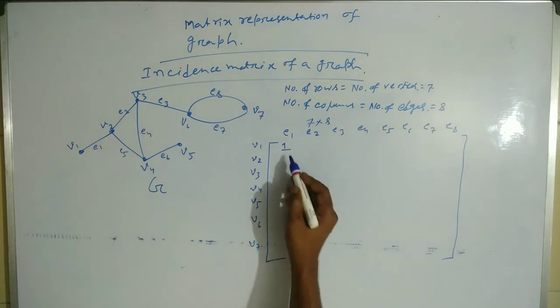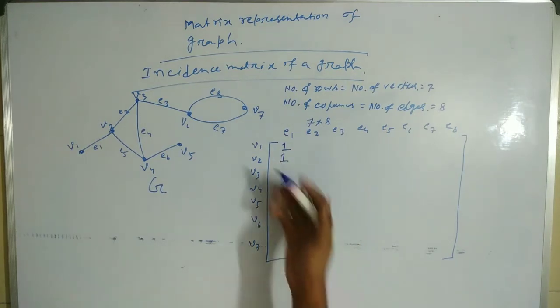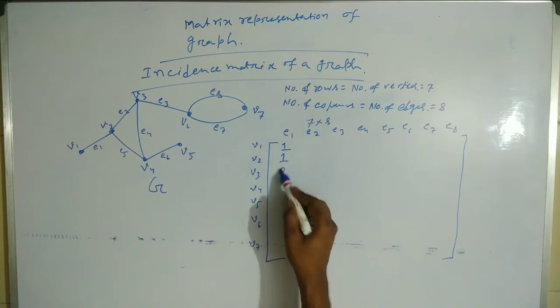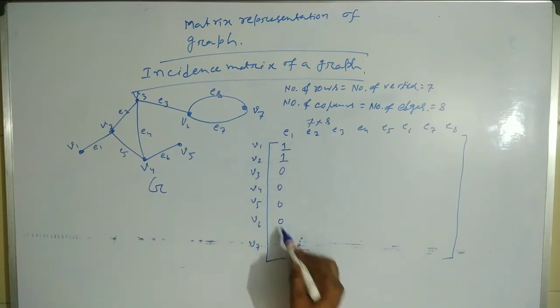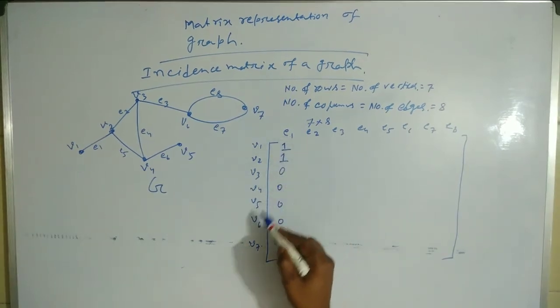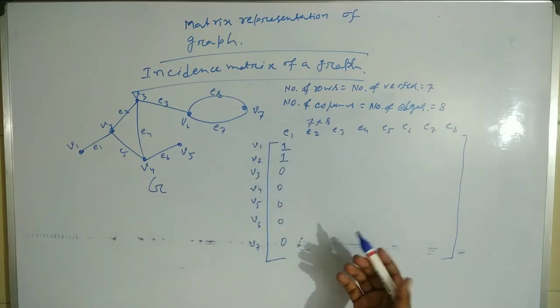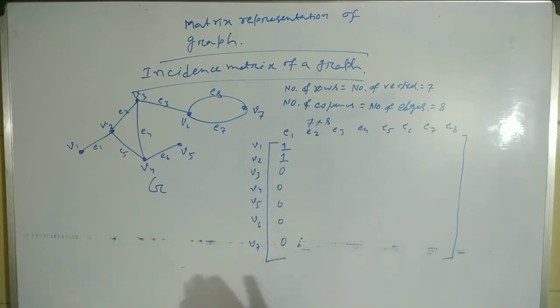So there will be two ones in V1 and V2 and all the other elements will be 0. The reason is E1 is not adjacent with V3, V4, V5, V6 and V7. E1 is adjacent with V1 and V2. This is the process and this is very simple.